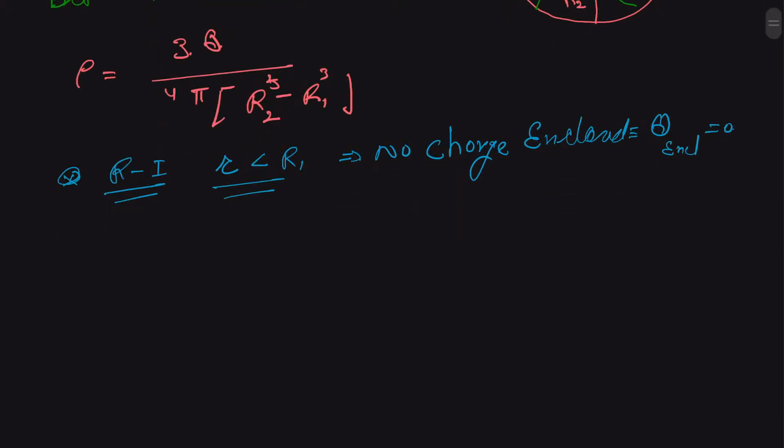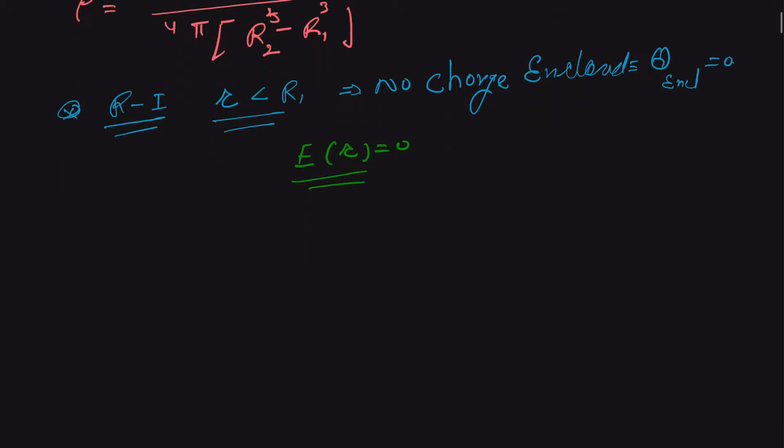Therefore, we can write that the electric field will be equal to 0. Now we come to our region 2. For region 2, the Gauss radius is greater than our inner radius but less than our outer radius.